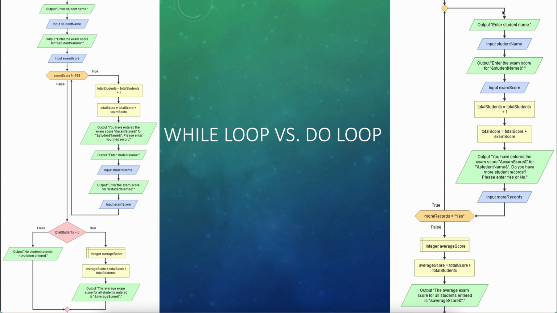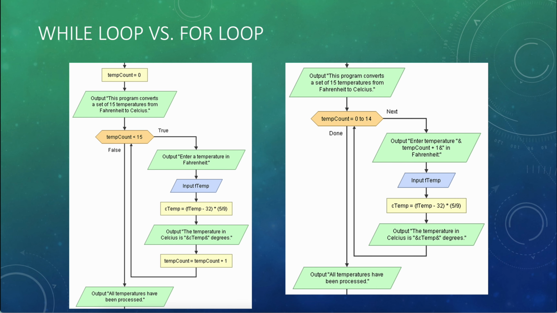So the do loop is when you want the loop to run at least one time before it checks for anything. And then of course your for loop, the counted loop, is when you know the exact number of times. But the while loop definitely has its place as well.